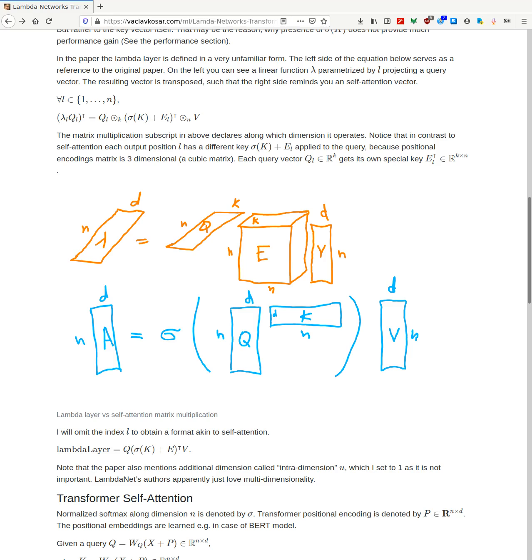So we have this Q, and that multiplies in this horizontal plane with these slices of the embeddings, and the embedding matrix is n times k, and then here comes the value matrix, n times d, and that multiplies with E, and yes, the result is n times d.